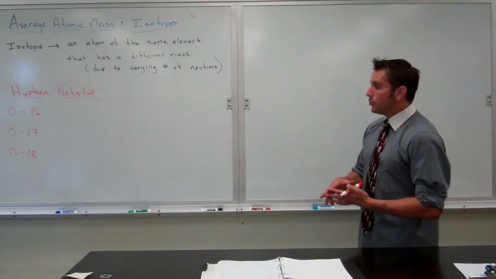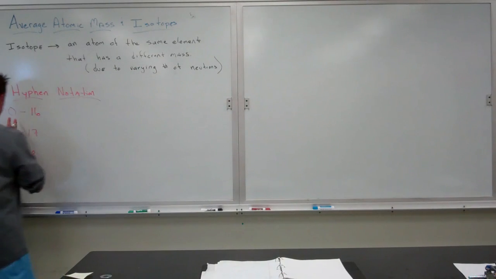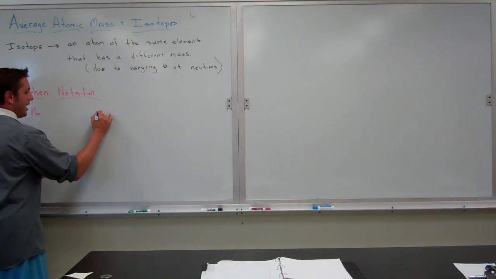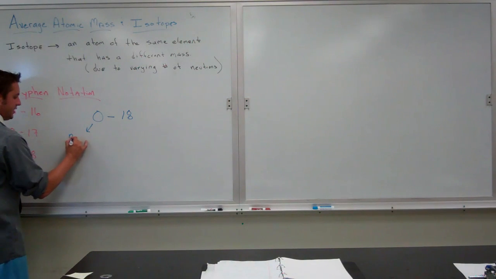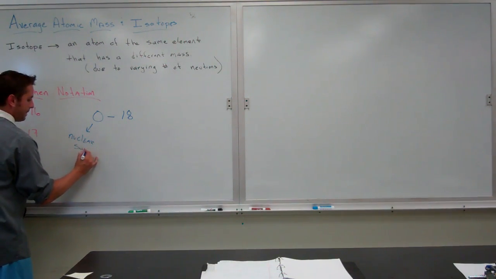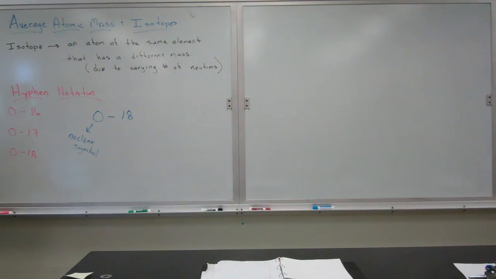So if we were going to look at these, what you need to understand is that the symbol over here is what tells us the element. So if I'm looking at O-18, this here is simply the nuclear symbol. And that tells me the number of protons.